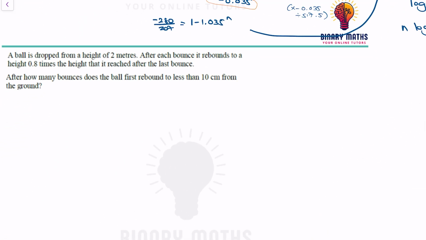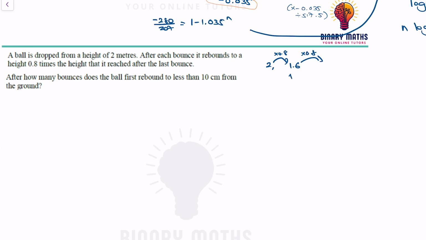A ball is dropped from a height of 2 meters. After each bounce, it rebounds to a height 0.8 times the height that it reached after the last bounce. So it's multiplied by 0.8: 2 times 0.8 is 1.6, times 0.8, and so on.